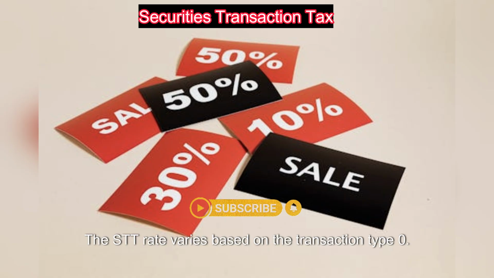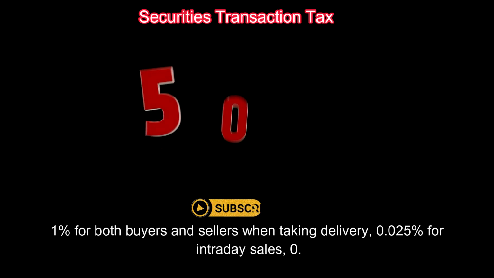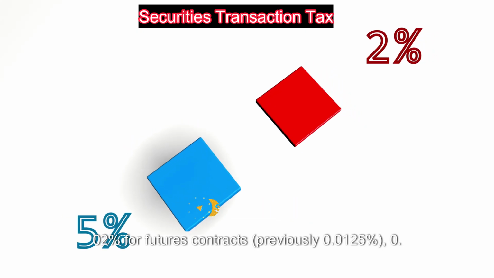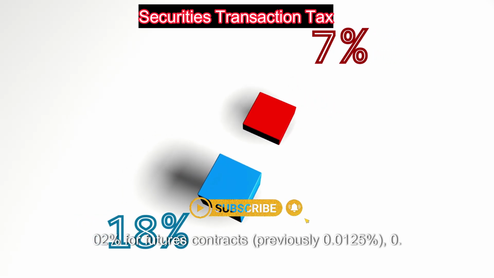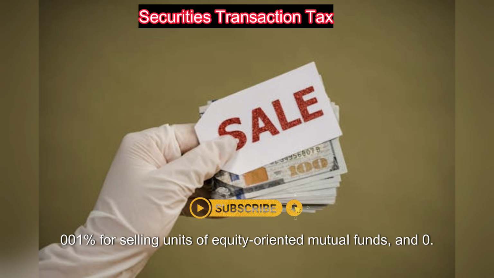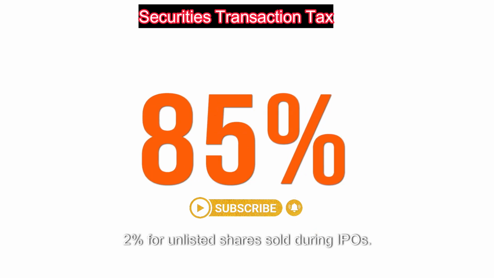The STT rate varies based on the transaction type: 1% for both buyers and sellers when taking delivery, 0.025% for intraday sales, 2% for futures contracts, previously 0.0125%, 1% for options contracts, previously 0.0625%, 0.001% for selling units of equity-oriented mutual funds, and 2% for unlisted shares sold during IPOs.